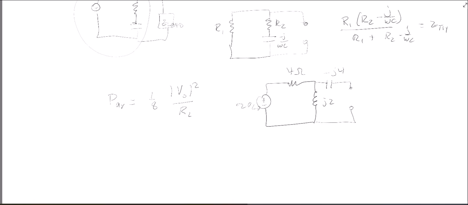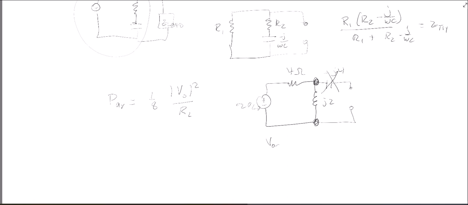Right here in this circuit, since it's an open circuit, this is not doing anything, and so our voltage is going to be the same as the voltage across that. So we can just do voltage division.